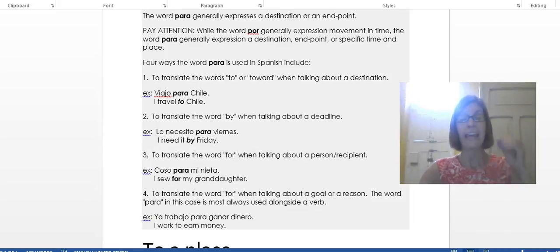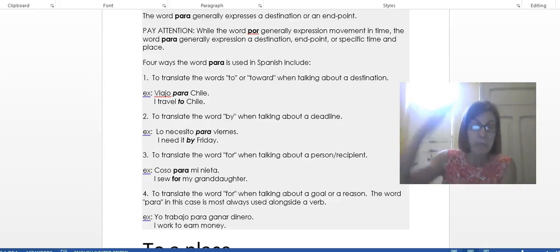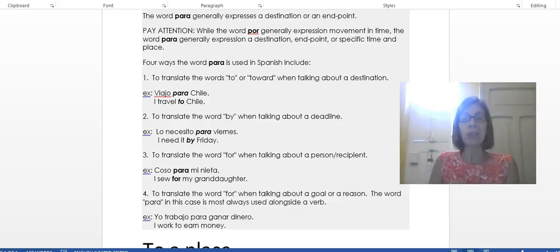Now, when we talk about the word para, in our minds, we're not going to be flowing. We're going to think that it has a specific destination, a specific day, a specific endpoint. So this is way less hippie-flowy than the word por and much more direct, the word para.